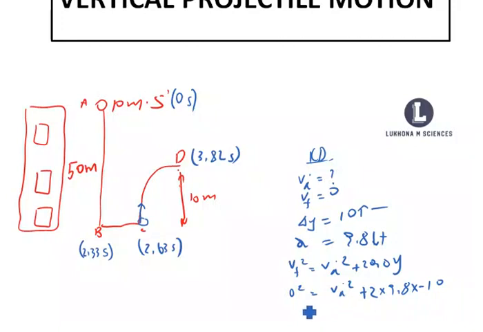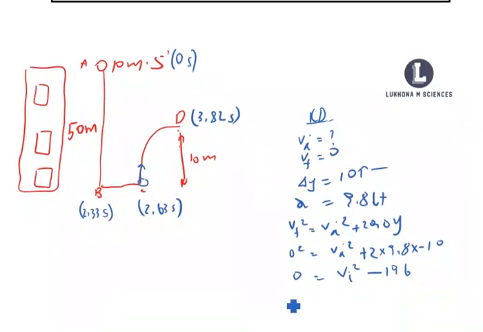So we have 0 equals initial velocity squared minus, because positive times negative is negative, 2 times 9.8, which is 19.6, times 10, which is 196. Then we transpose, so the sign changes. We have positive 196 equals v initial squared, then the square root, so it's plus or minus.